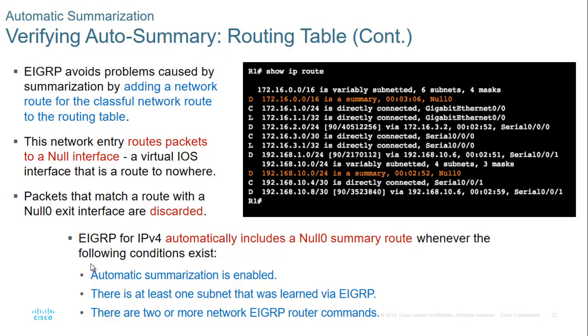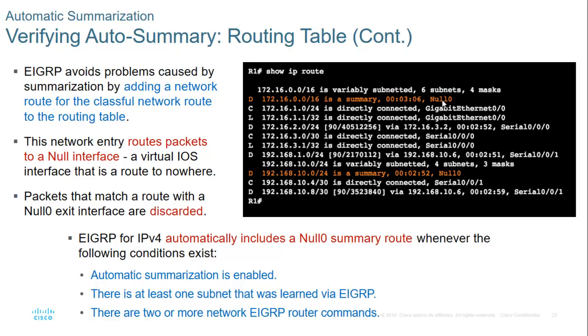This network entry routes packets to a null interface. If you see here, it routes it to the null interface. Now, a null interface is a virtual interface that routes to nowhere. You can consider it to be like a black hole. Any packet it gets is dumped. Packets that match a route with a Null0 exit interface are discarded.